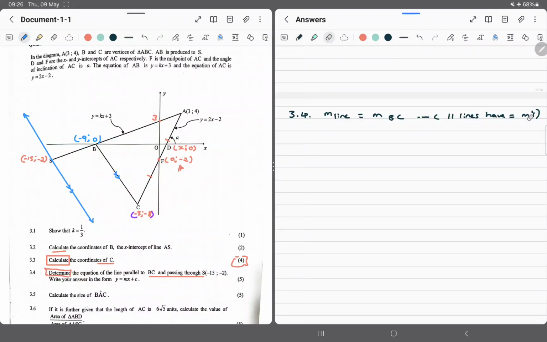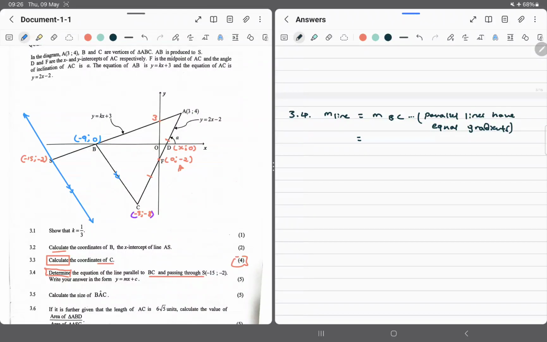Okay, but maybe let me not write too much notation here for the sake of someone who doesn't know what these things are. We know that parallel lines have equal gradients. Okay, that's the idea behind what we are doing.